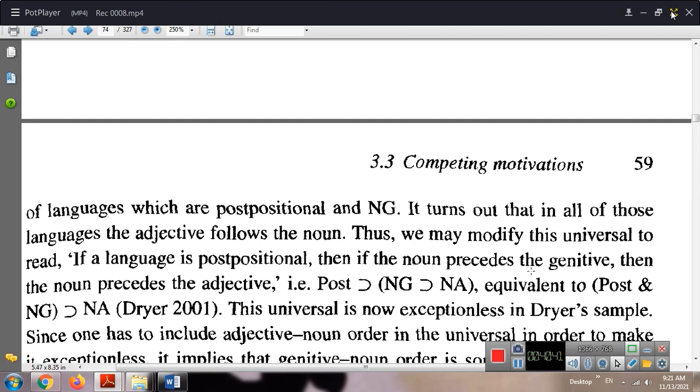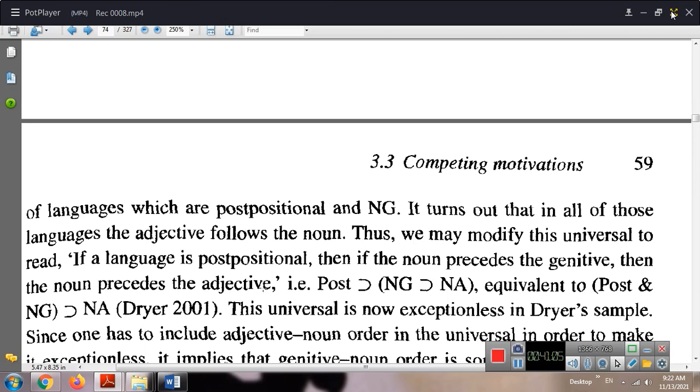Thus, we may modify this universal to read, okay, here we have a complex implicational universal because we consider more than two parameters: if a language is postpositional, then if the noun precedes the genitive, then the noun precedes the adjective.